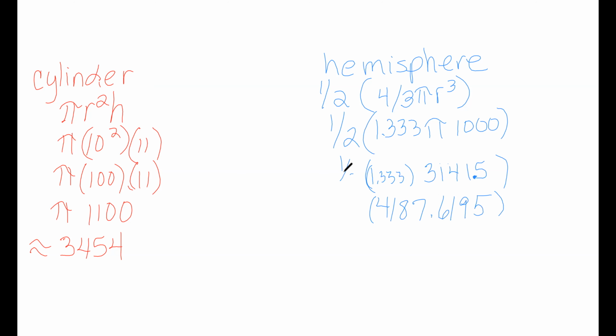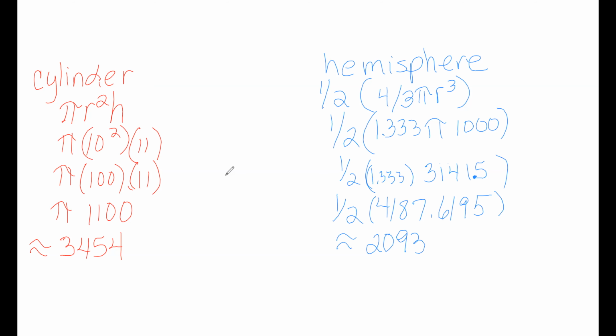And I'm still remembering that I'm going to take half of that because that's the whole sphere. So this is an about again, because it depends. You've got pi that you're rounding, and you've got the 1.333 that you're rounding, but I got about 2,093.